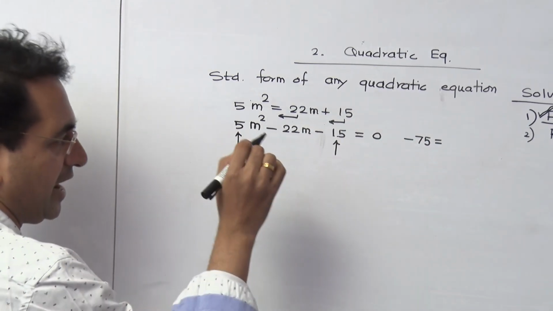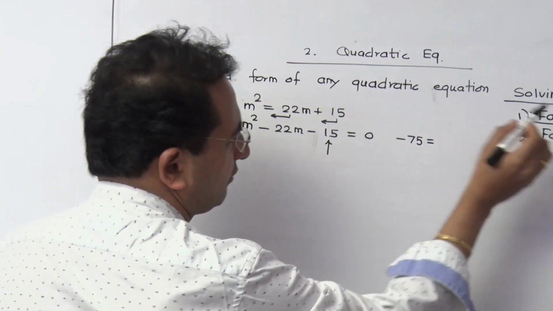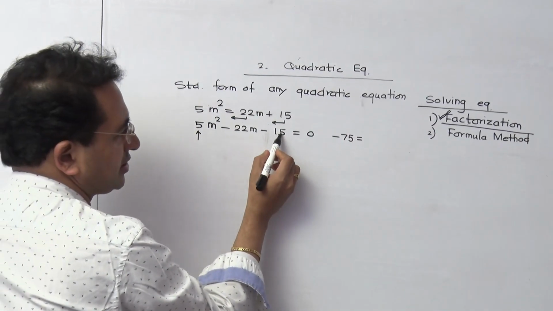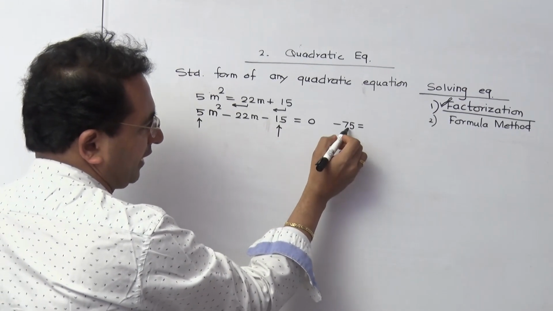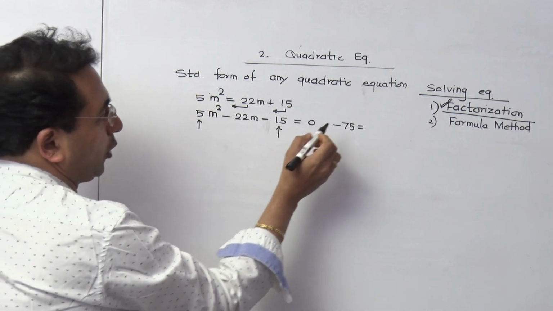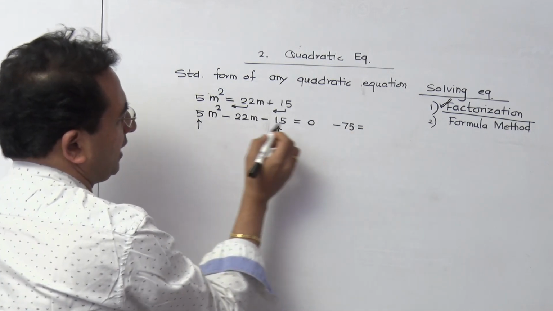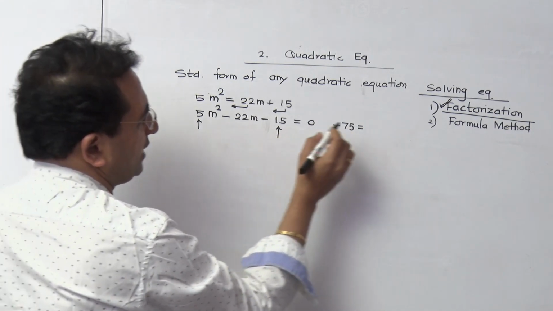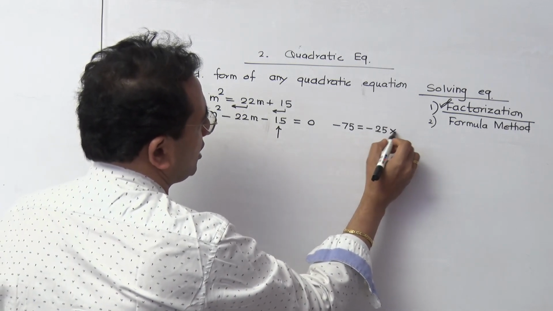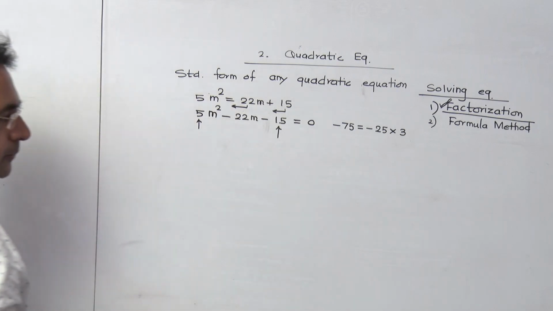We have to factorize this minus 75 in such a way that the product will be minus 75, but the addition is minus 22, and that is possible with these numbers: minus 25 and 3.